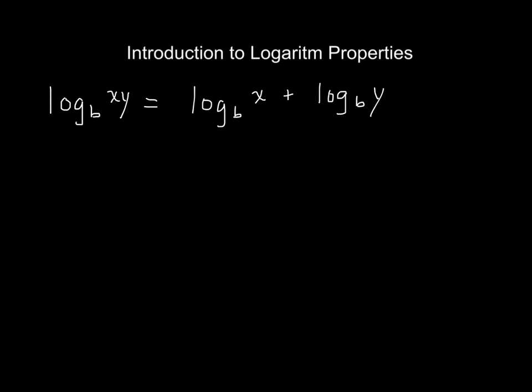So that's your product property. Within a logarithm, if you multiply two things together, then you can always separate the logs into two different logs and add them.